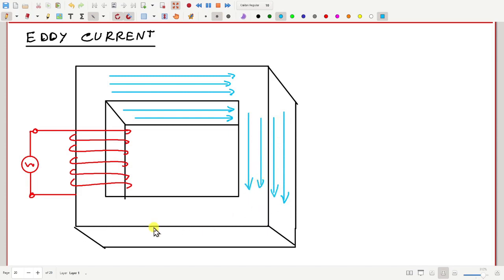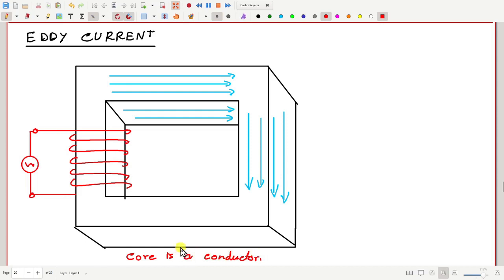Now, there is no secondary coil, but this core is normally made up of some iron or iron alloy, so this is also a conductor. The core is a conductor.